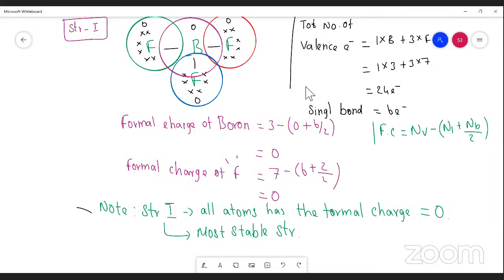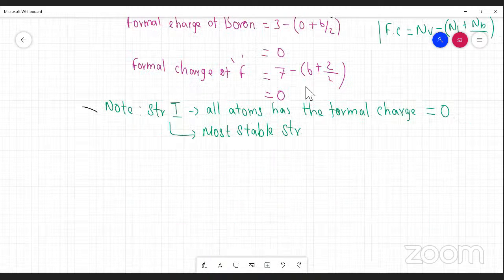Yes, one fluorine atom. The lone pair of the fluorine atom is moved towards the boron, and we are getting a different structure. Suppose we take this as structure 2 for BF3.